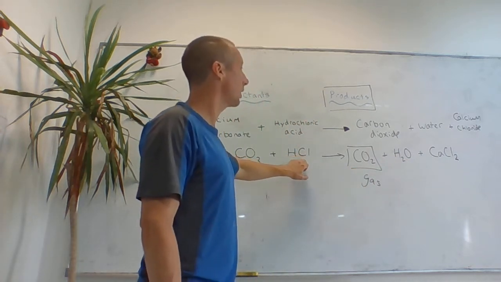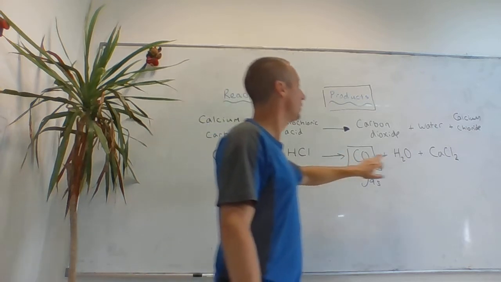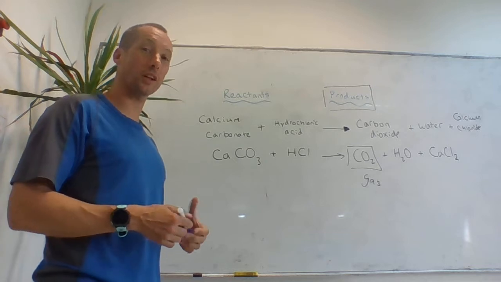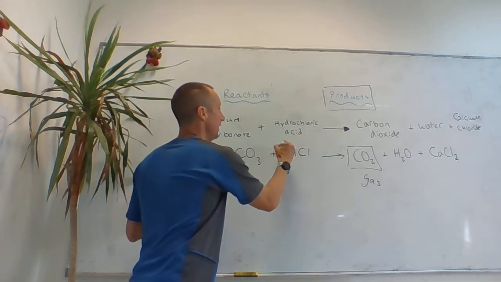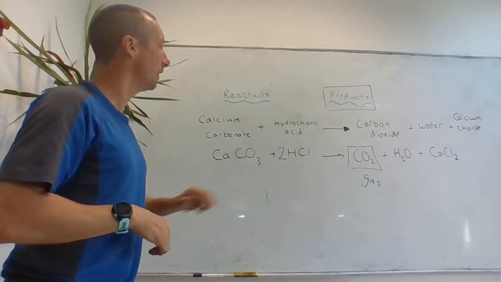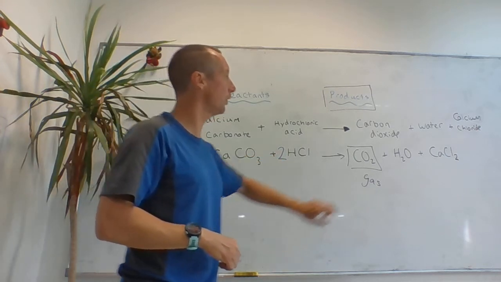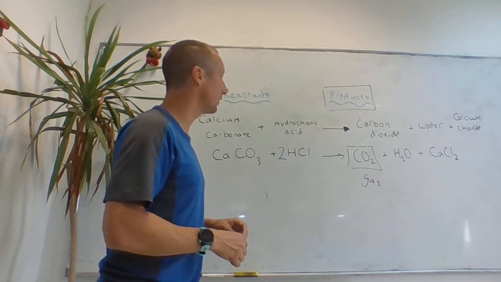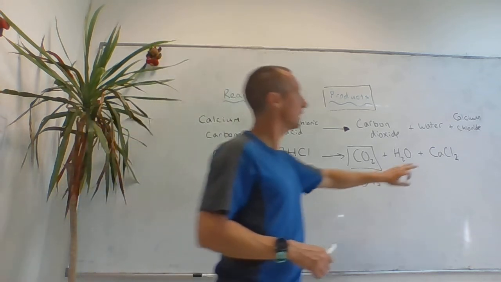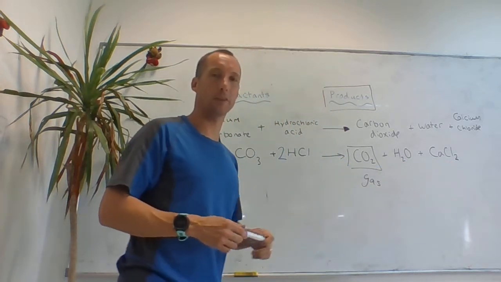Okay. 1 chlorine before, 2 chlorines afterwards. Okay, so we haven't got enough hydrogen and chlorine to begin with. So what I really need here is to put a 2 in front of the HCl. Now I've got 2 hydrogens before and 2 hydrogens afterwards. Okay, I've got 2 chlorines before and I've got 2 chlorines afterwards.